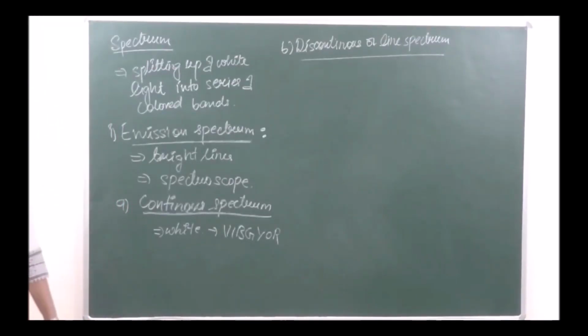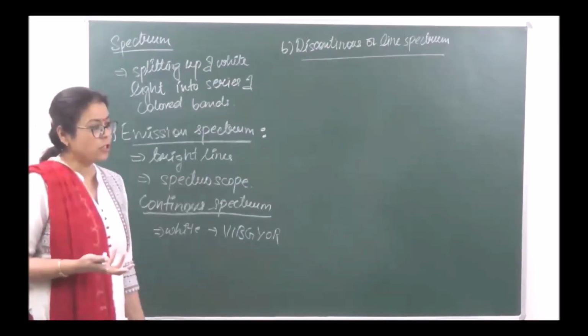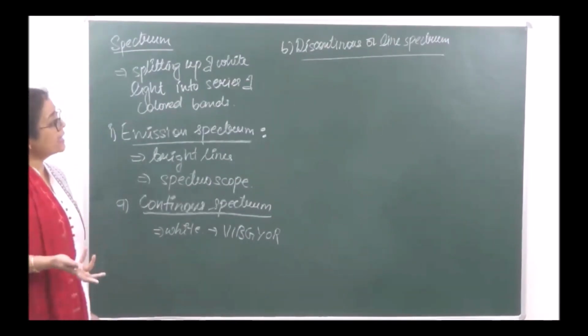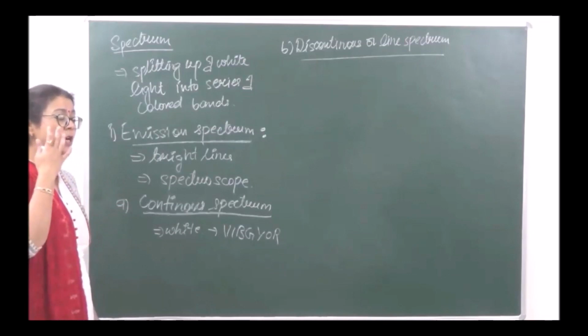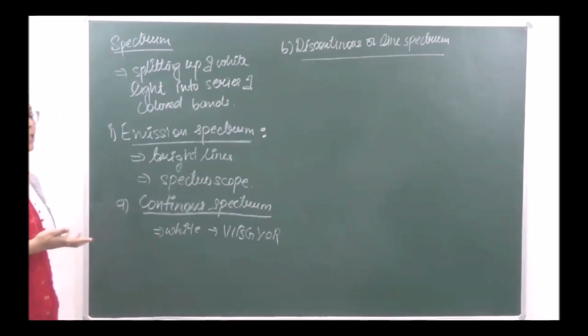Now in this case, the source taken is not the white light, not the sun, but the source taken over here may be gas or vapors of a liquid, right? So when we are taking the vapors of a chemical substance, we heat it in a flame or in an electric arc, right? And then the radiations which are emitted by heating these chemical substances in an electric arc or in heat, we are heating them.